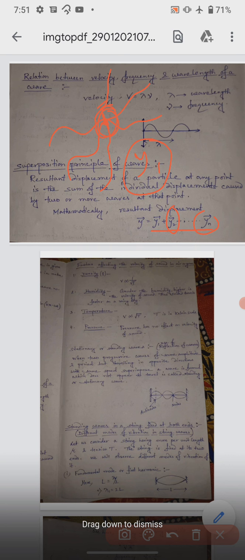So according to the superposition principle, the resultant displacement of that particular point is y, which is equal to y1 + y2 and so on till yn, and this is a vector sum. Displacement is a vector quantity. This is the superposition principle.